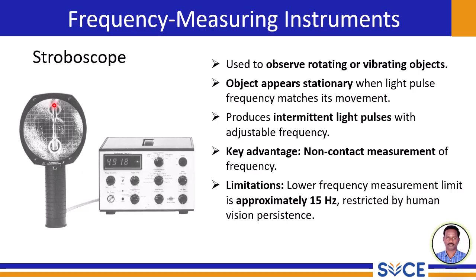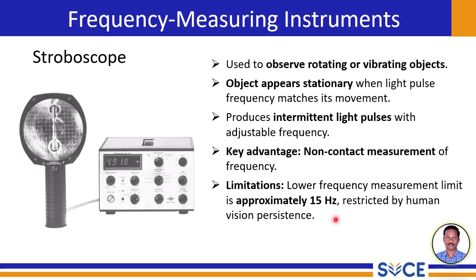This allows for non-contact measurement, making the stroboscope highly effective in environments where physical interaction with the machinery is difficult or unsafe. However, due to human vision limitation, the lowest measurable frequency is around 50 Hz only.